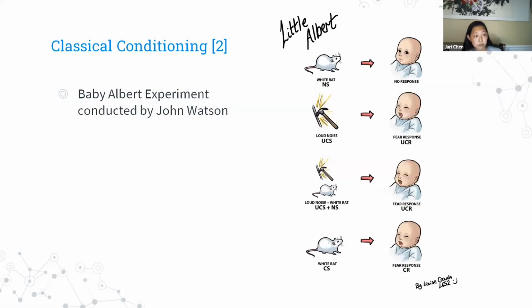Okay. There was another big experiment in classical conditioning, which is the Little Albert experiment. This experiment was conducted by John Watson. Basically, there was a baby whose real name probably was not Albert, but was called Little Albert. They trained him to cry when he saw a white rat.